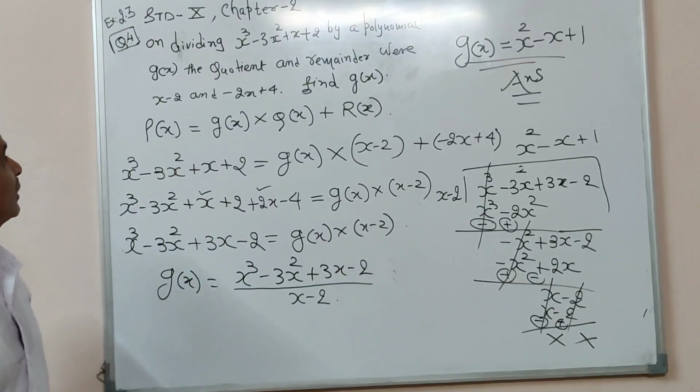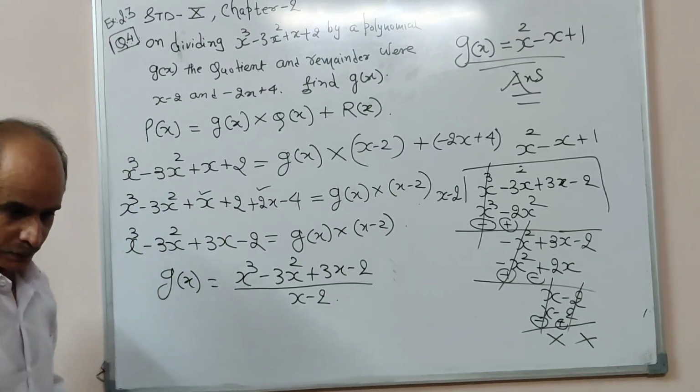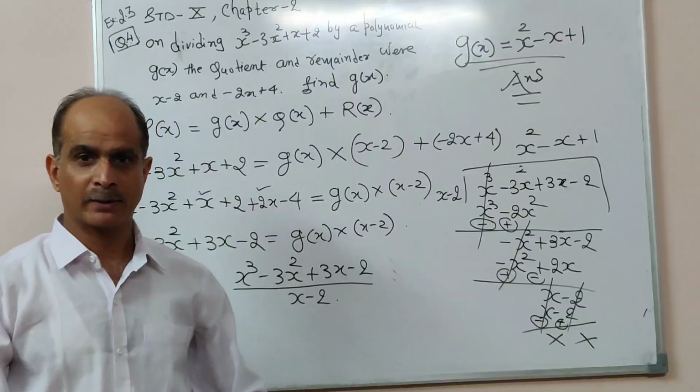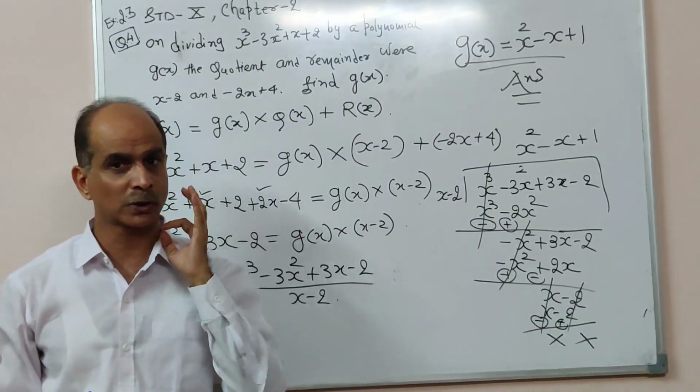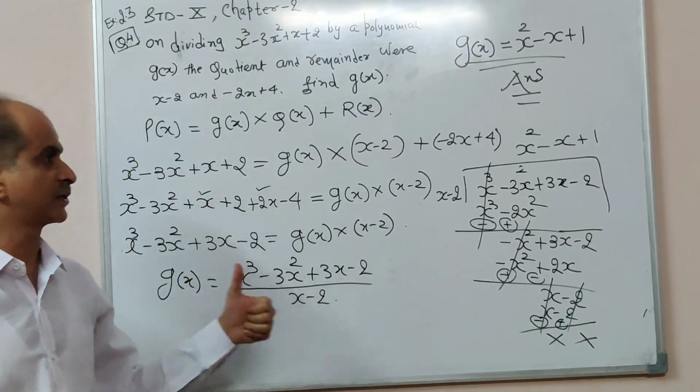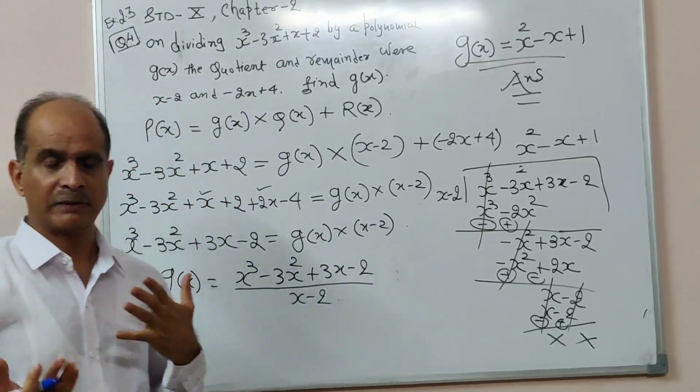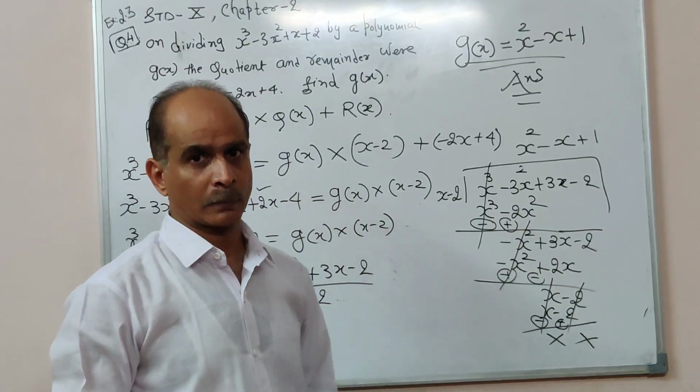So with this example number 4, we have completed chapter number 2, and I have solved each and every example of this chapter. 11 concepts are there.